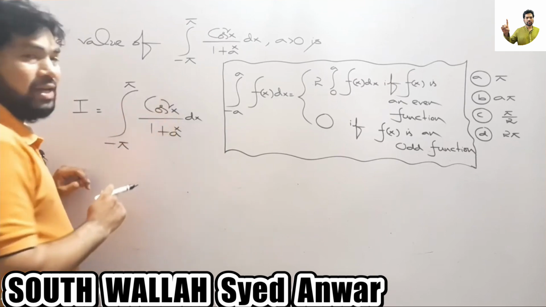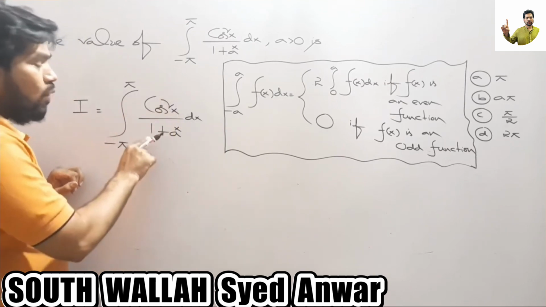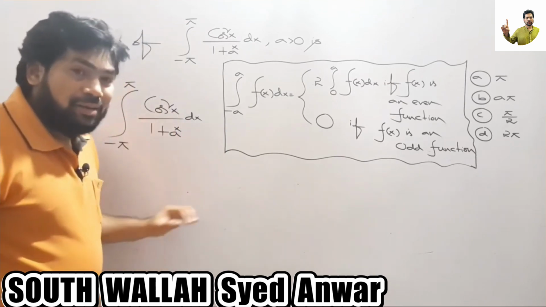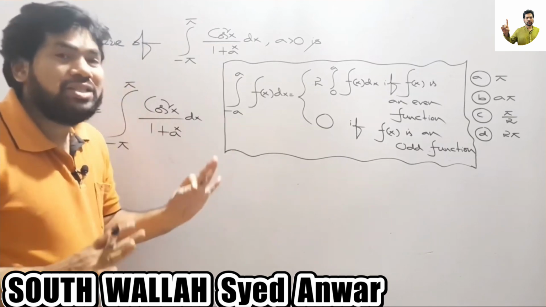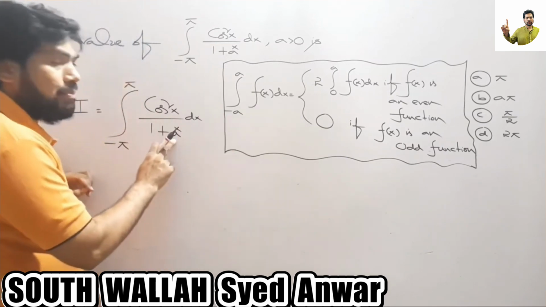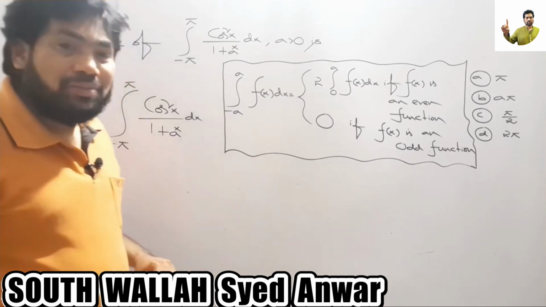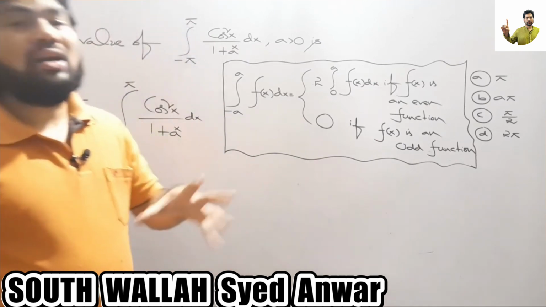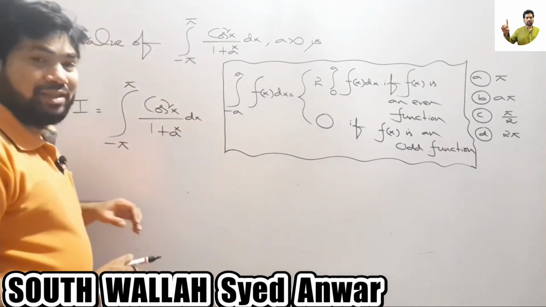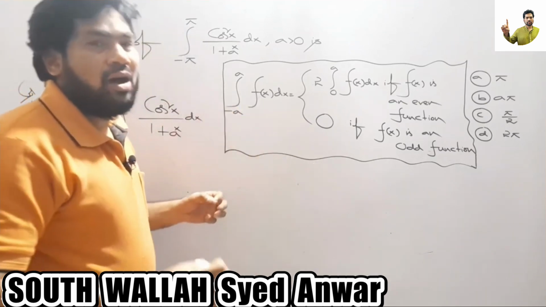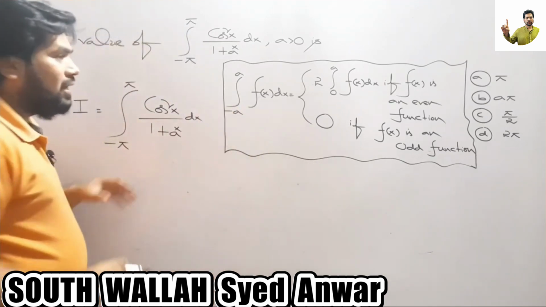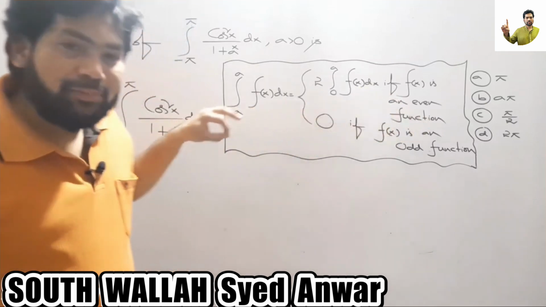Here cos square x is clearly an even function. 1 is also an even function, because every constant function is considered even. But a power x cannot be decided as even or odd, so a power x is neither even nor odd. That's why this property cannot be applied here.